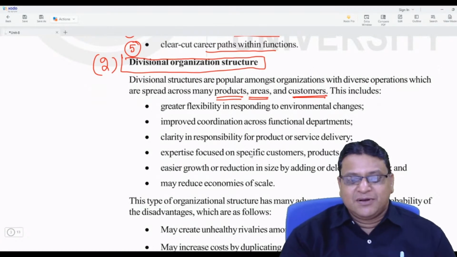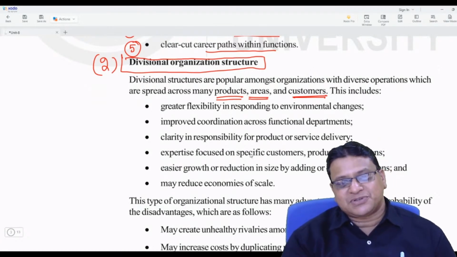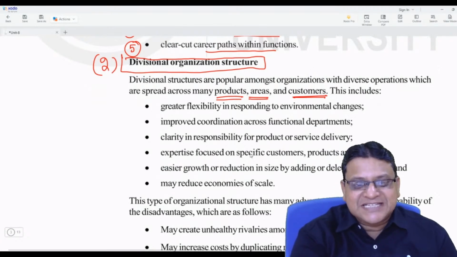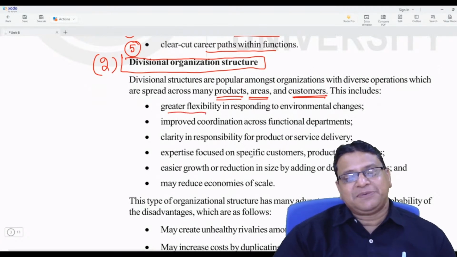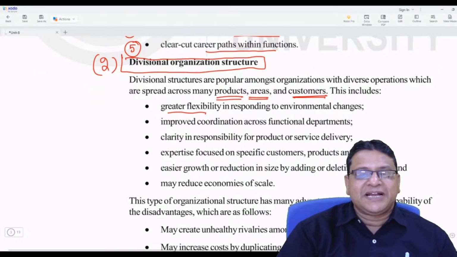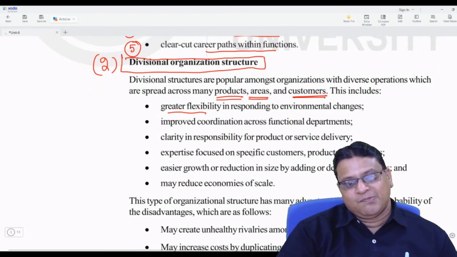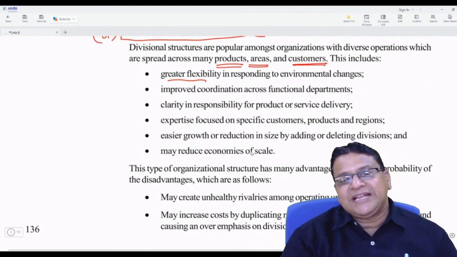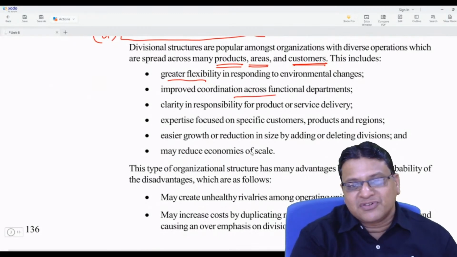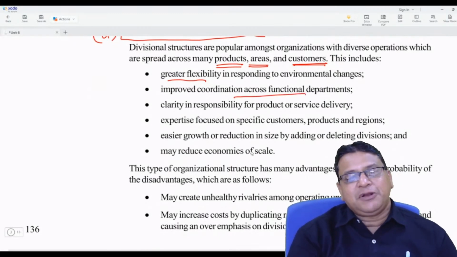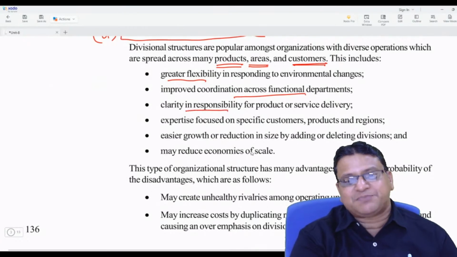What are the merits of this particular type of structure? There will be greater flexibility. There will be proper coordination across functional departments. There will be clarity in responsibility.